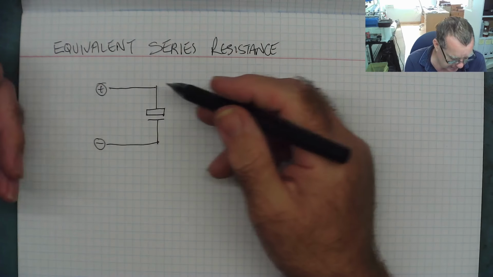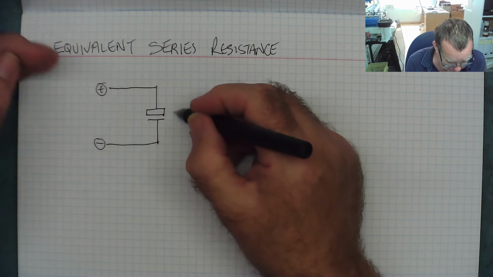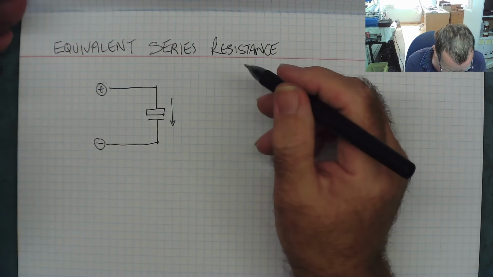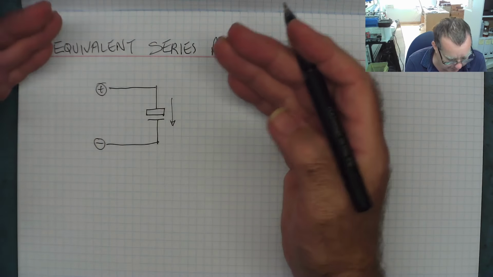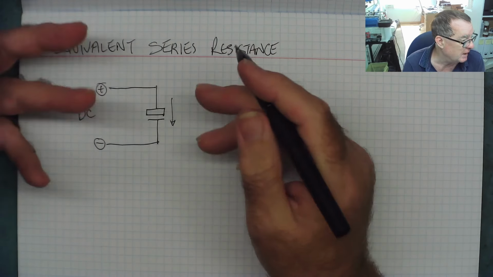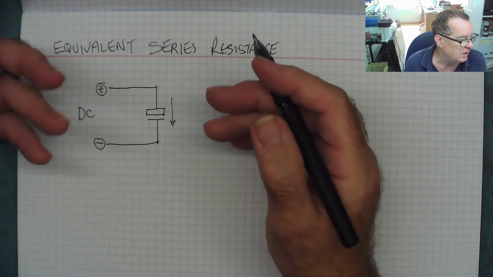So effectively the capacitor is open circuit. After it's charged up, practically no current flows through it. So that's how a capacitor behaves with DC voltage, and we'll check this in a minute with our multimeter, that it's effectively an open circuit.